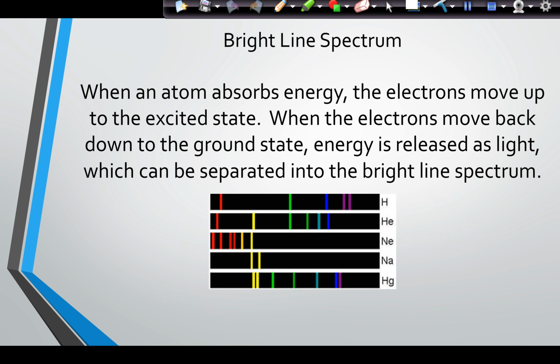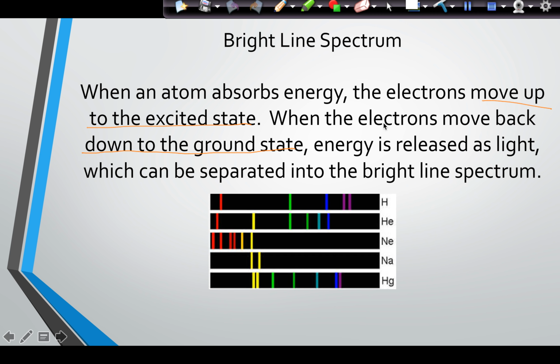In the chapter for atomic structure, people asked about the bright line spectrum. Remember that when an atom absorbs energy, electrons move up to the excited state. This is a temporary state when the electrons are in a higher energy level, further away from the nucleus. Eventually, the electrons will move back down to the ground state.